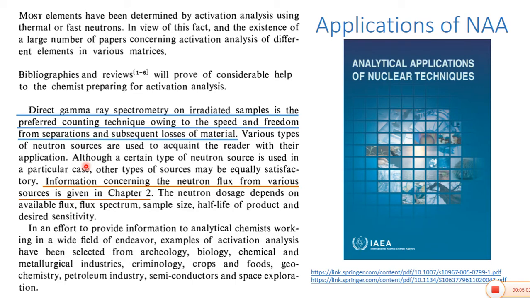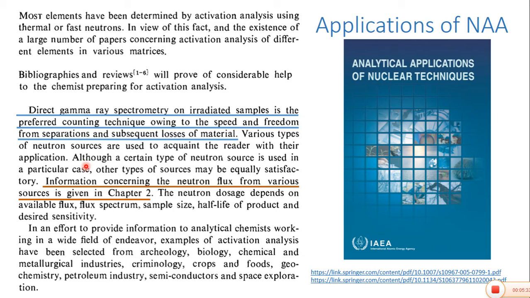In an effort to provide information to analytical chemists working in a wide field of endeavor, examples of activation analysis have been selected from archaeology, biology, chemical and metallurgical industries, criminology, crops and food, geochemistry, petroleum industry, semiconductors and space exploration. So these are some exemplary fields in which neutron activation analysis is used.